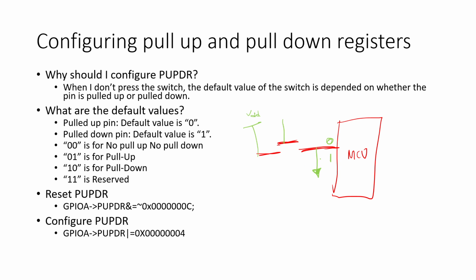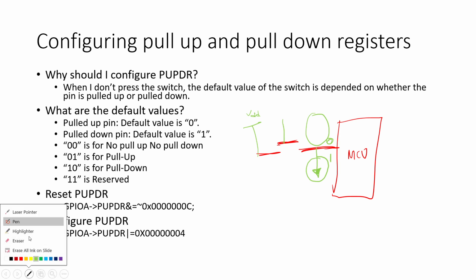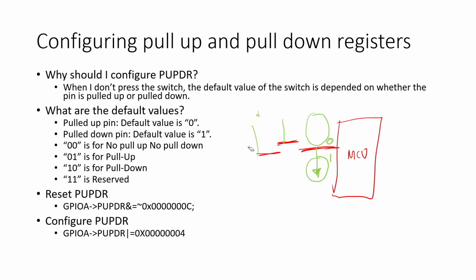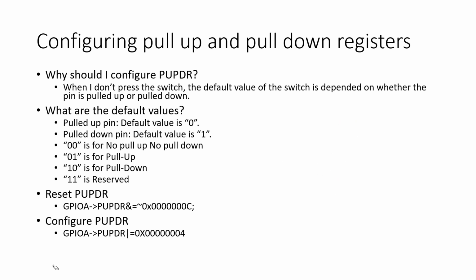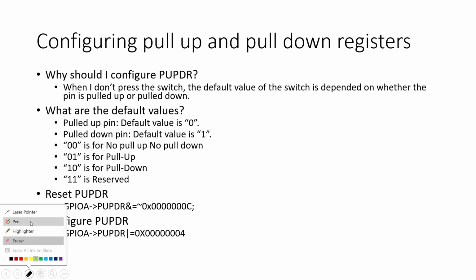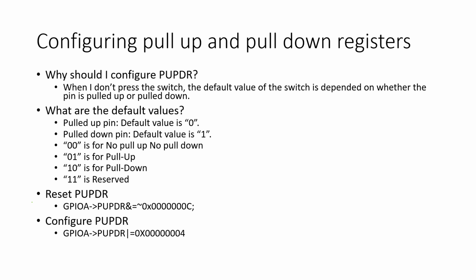Here if you observe, I am physically pulling the pin to ground or VDD using some extra components. But don't worry, for STM32 modules with Cortex M4, we have a provision for automatic pull up or pull down that will be done to the microcontroller unit peripheral through a register known as PUPDR, pull up pull down register.